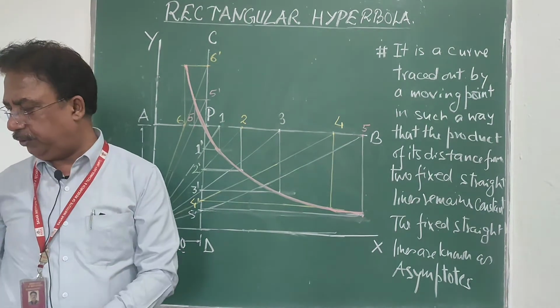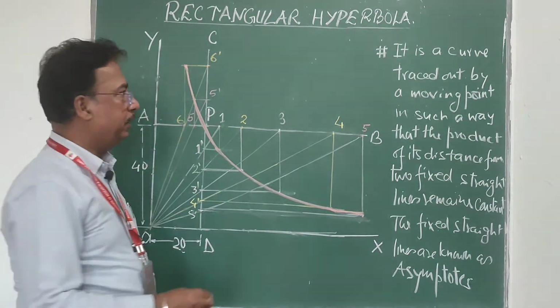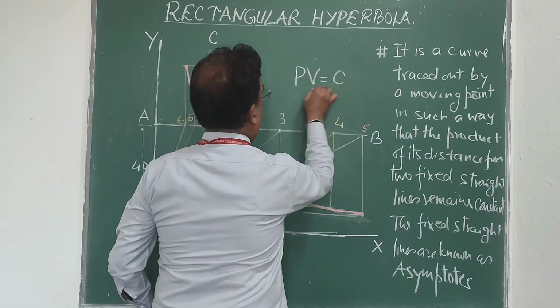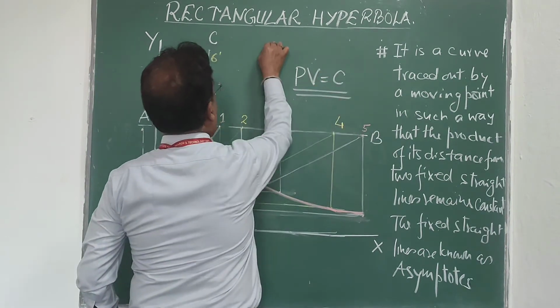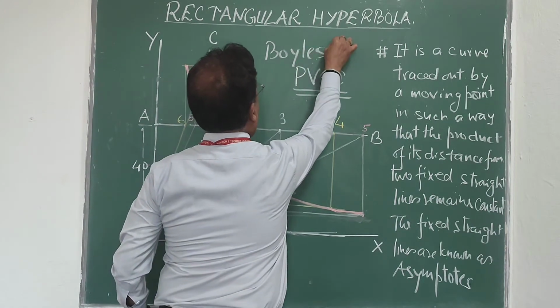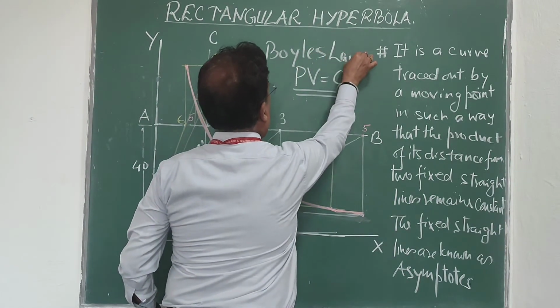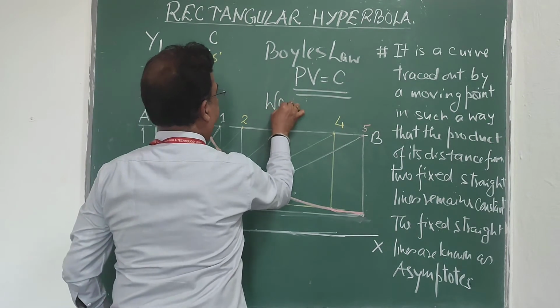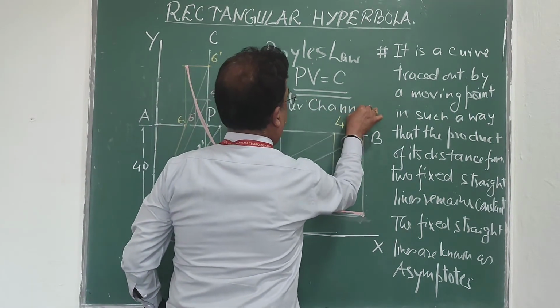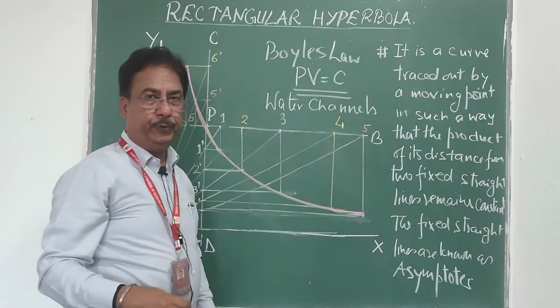As I already told you, the Boyle's law curve, that is PV equals constant, will be a rectangular hyperbola. Also, this type of curve is used in water channels for smooth flow of the fluid.